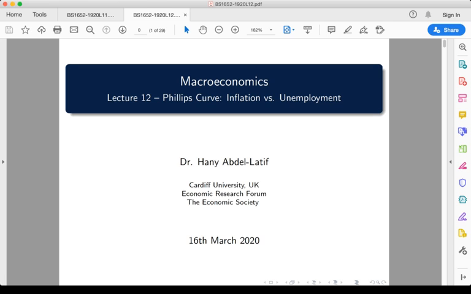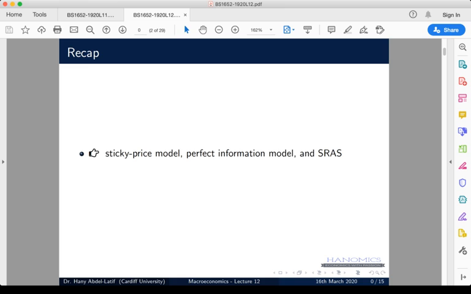So we already covered the recap, and today we'll be mainly talking about the relationship between inflation and unemployment, which is known as the Phillips curve. We touched upon this in lecture 2, if you remember. We talked about the Phillips curve and the inverse relationship between inflation and the unemployment rate, but today we will give it more thought and talk about it in more detail.